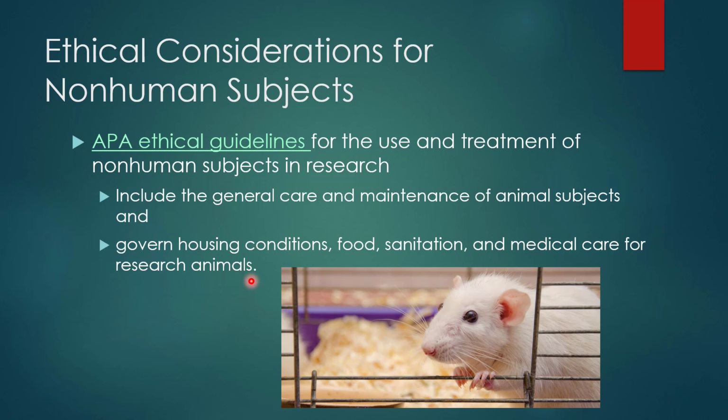And there are other societies that protect animal subjects: the SPCA, the U.S. government Principles for the Utilization and Care of Vertebrate Animals, the Association for Laboratory Animal Science, and also the American Association for Accreditation of Laboratory Animal Care.